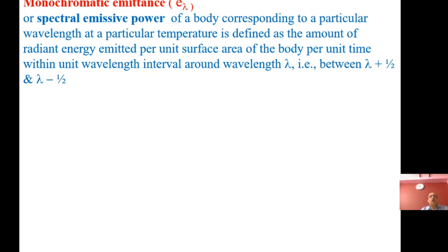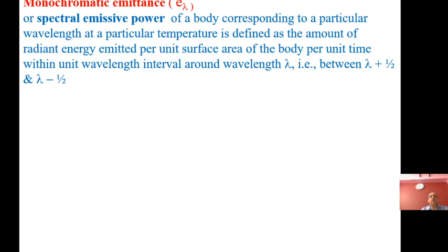Now we define some terms. The first one is the monochromatic emittance, or the spectral emissive power of the body. It means the black body is now heated.